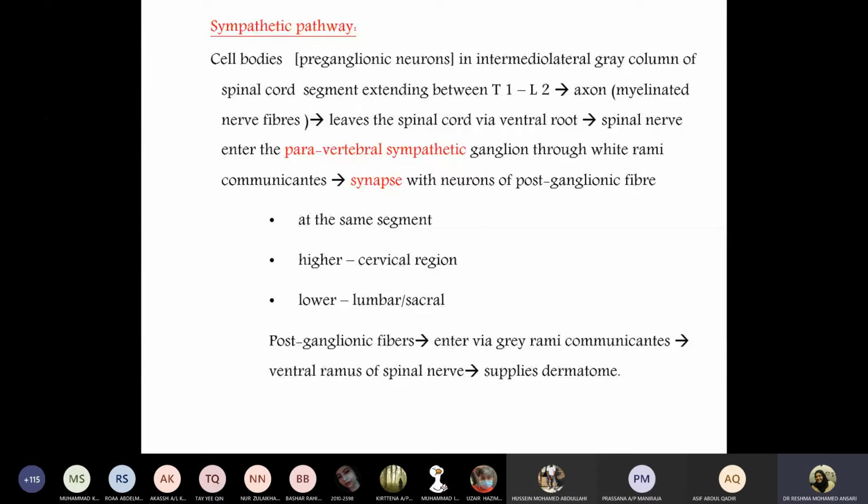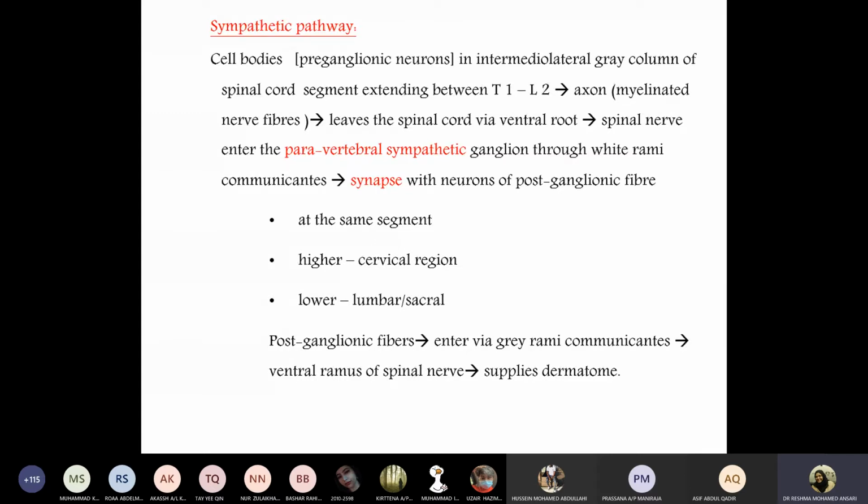Once they enter into the ganglion, they have to synapse for the moderation or for transmitting the impulse. When they synapse, they will synapse at the same segment, or they will travel up to the cervical region and travel lower down to the lumbar region.